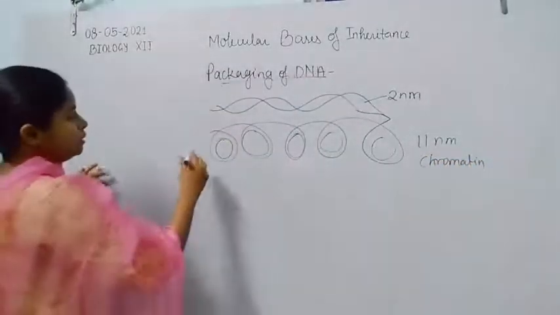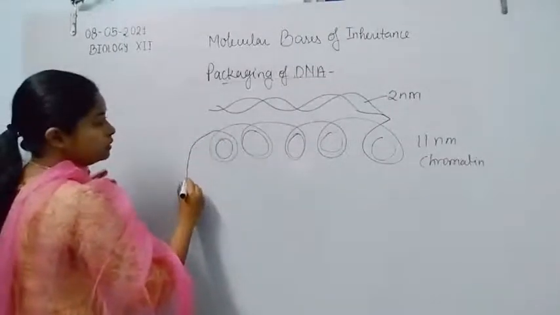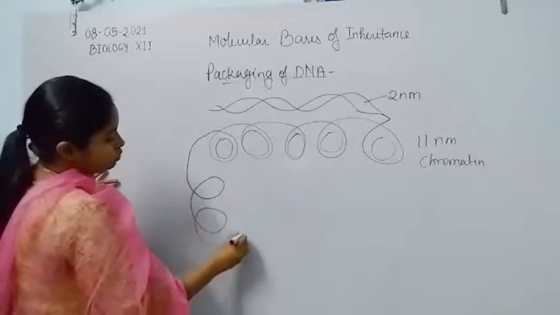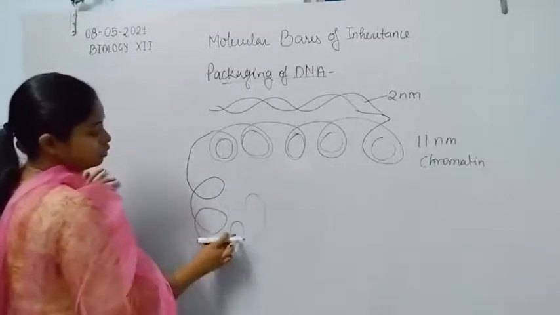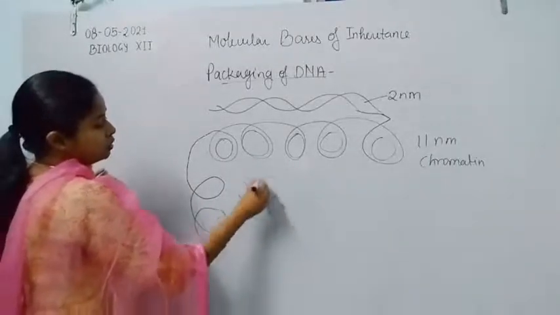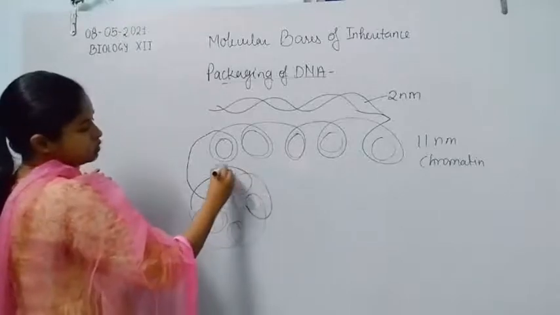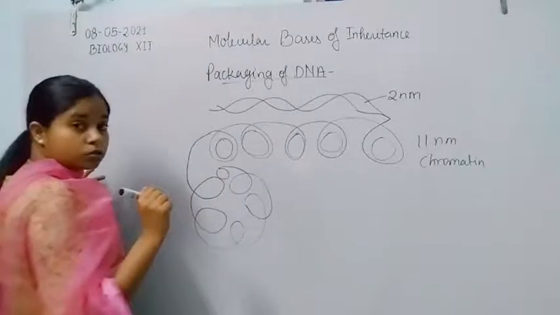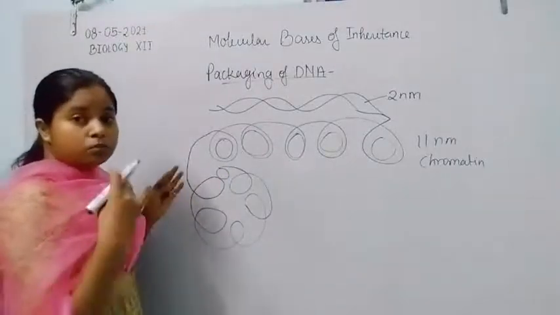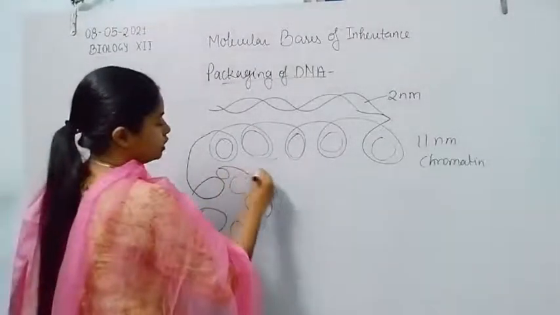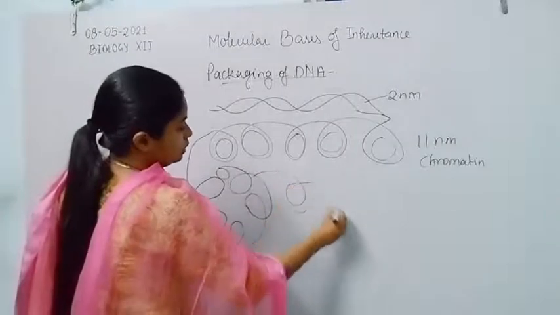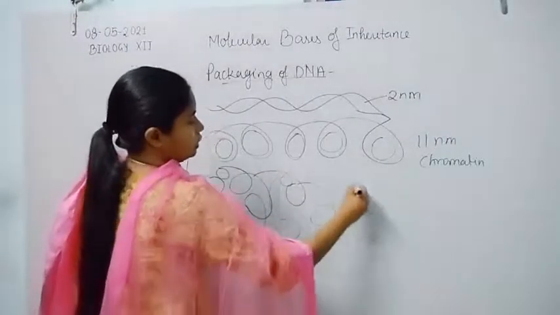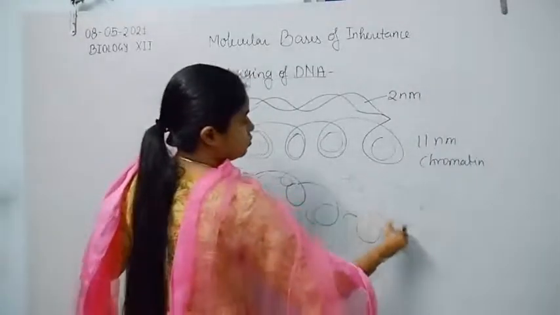Now, when they undergo condensation and become more condensed, they form the solenoid structure. Here are the nucleosomes. About six nucleosomes become more condensed to form the solenoid structure. Similarly, here also six again form the solenoid structure.